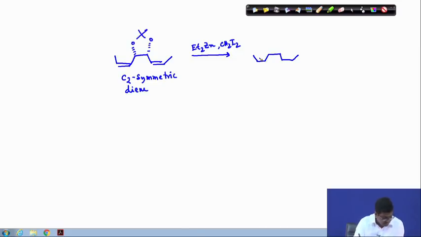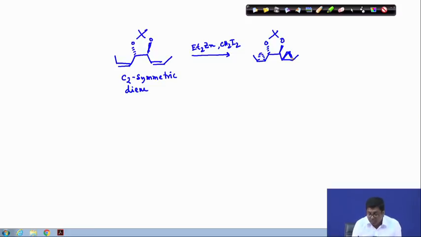In this case what you will get, sorry, this bond will be bold. So, what it will get, and here this cyclopropane ring is this.